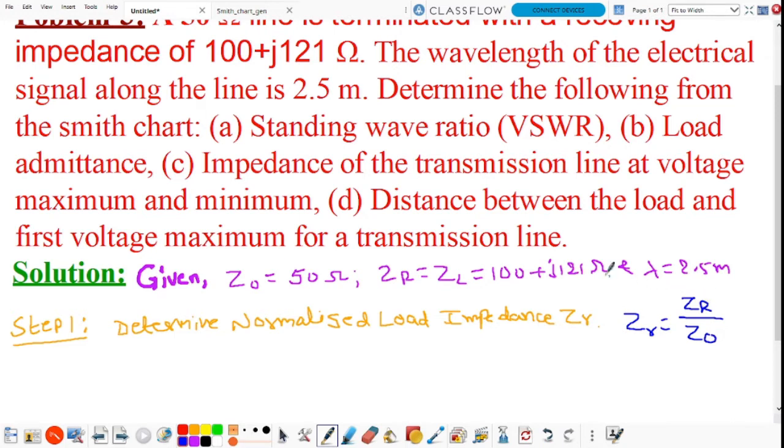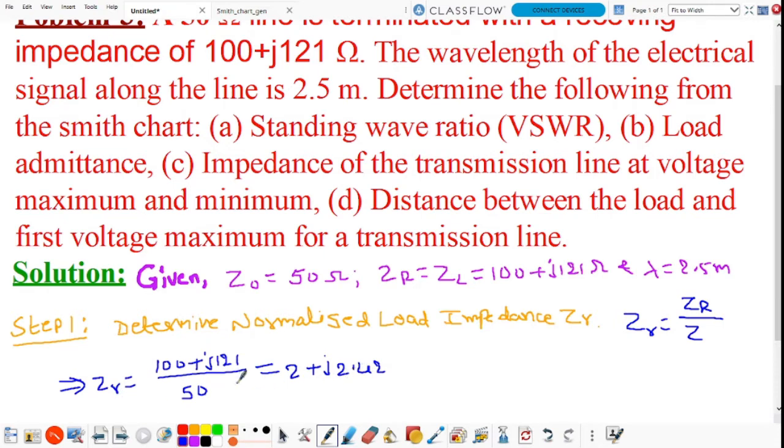Given that ZR is 100 plus j121 ohms and Z0 is 50 ohms, the normalized load impedance z_r is equal to 100 plus j121 divided by 50. 100 divided by 50 is 2, plus 121 by 50 is 2.42.